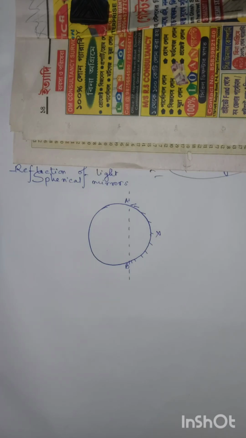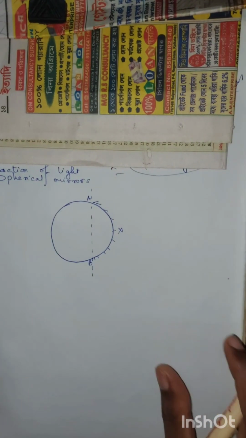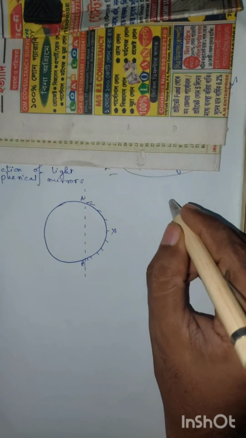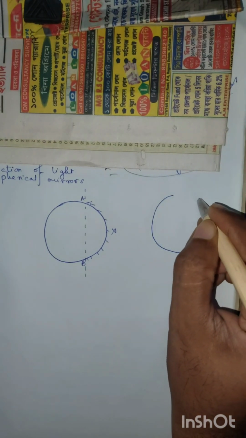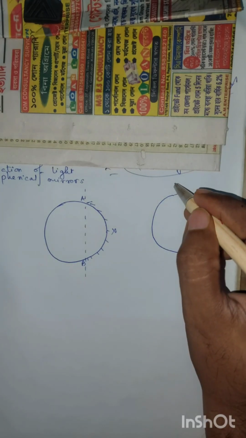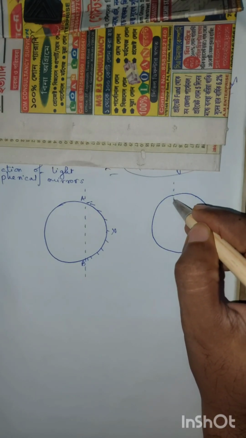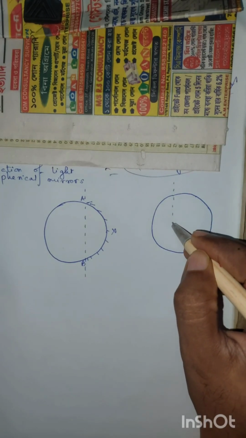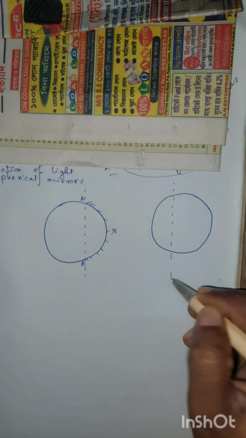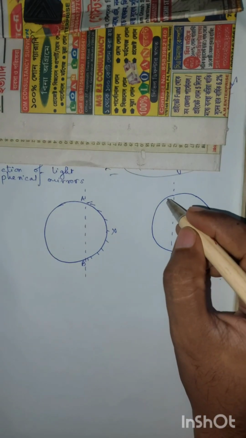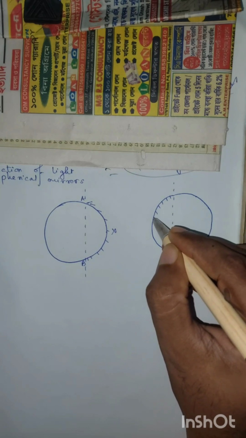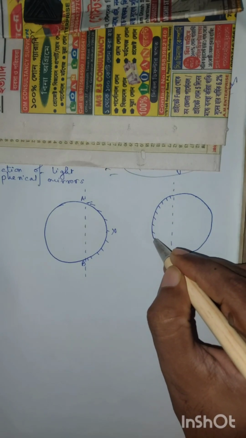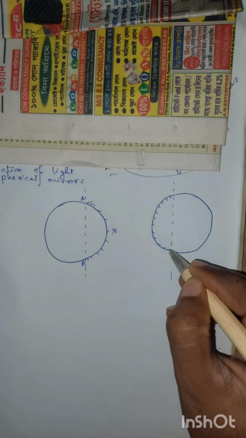Similarly, we can consider another case where this is a sphere and this is our reflecting surface. The reflecting surface is inside in this case.